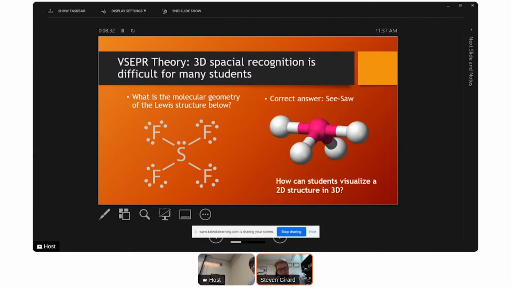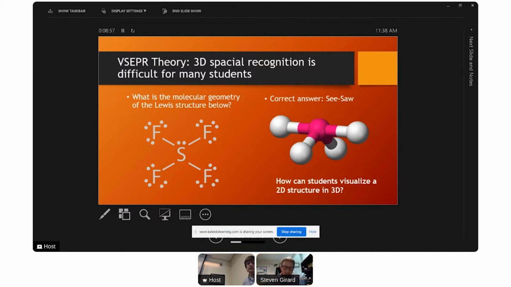Now, the structure that you see on the left with the series of dots and the series of lines and the S and the 4 Fs, this is a completely valid Lewis dot structure. And many students using the rules of Lewis dot structure theory should be able to generate something that looks like this. But you'll also see on that structure on the left that it appears, once again, like a square array of fluorines around the center sulfur.